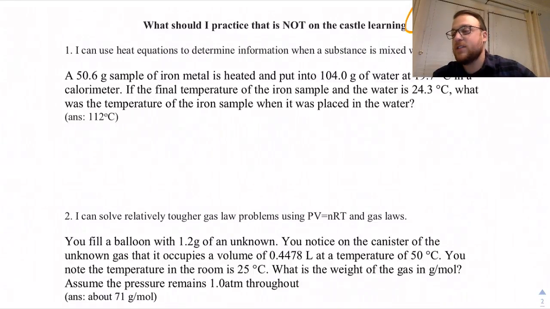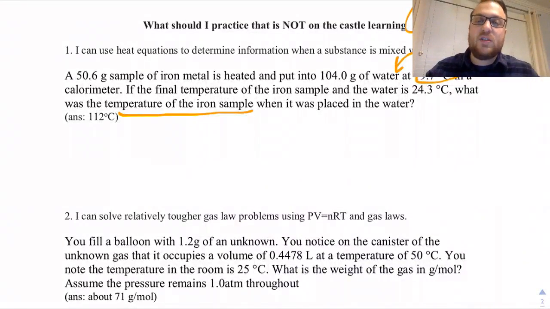All right, so you've got a 50.6 gram sample of iron. Put it into a 104 gram sample of water at 19.7 degrees. This 19.7 degrees goes with the water. And the final temperature of the mixture is 24.3 degrees. What was the initial temperature of the iron? So this is somewhat new.